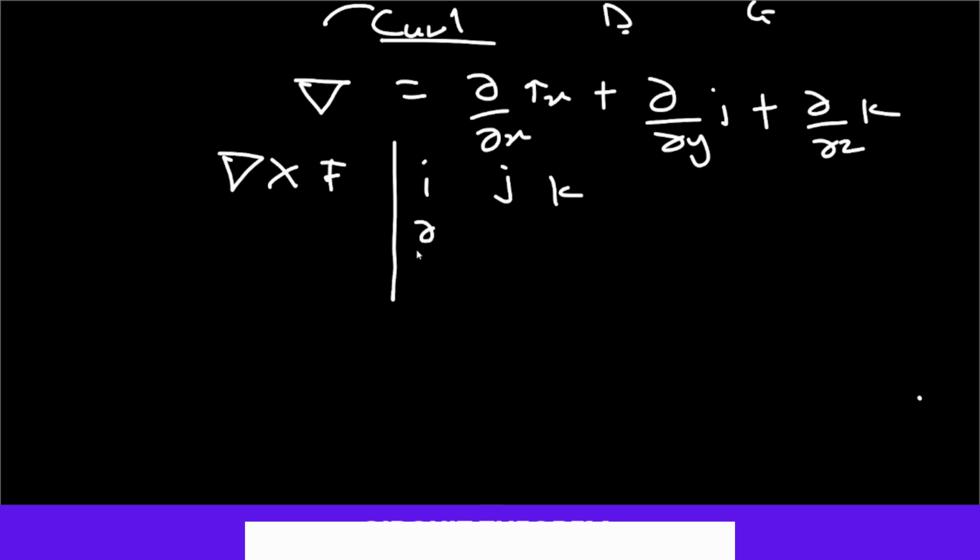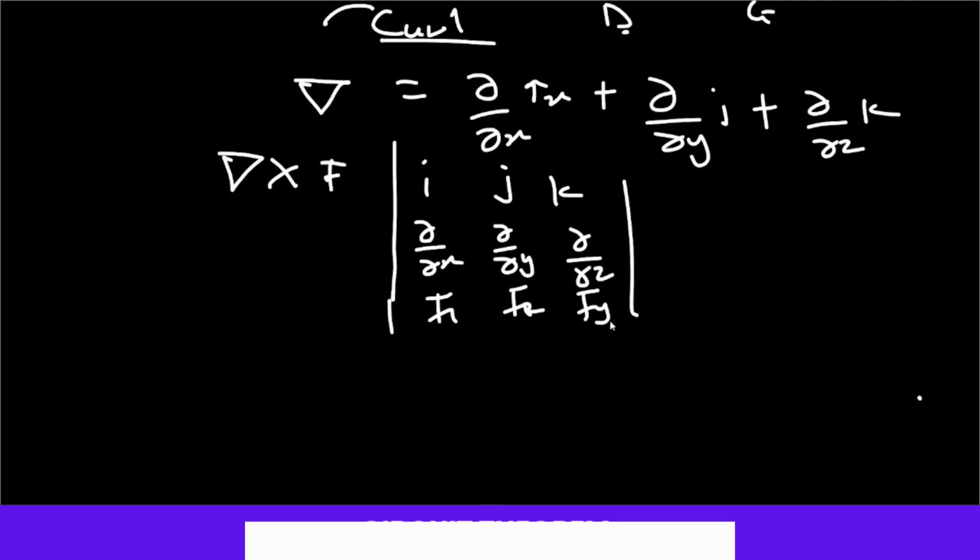Then partial differentiating in x, in y, and in z. And finally there are the components themselves, f1, f2, and f3.